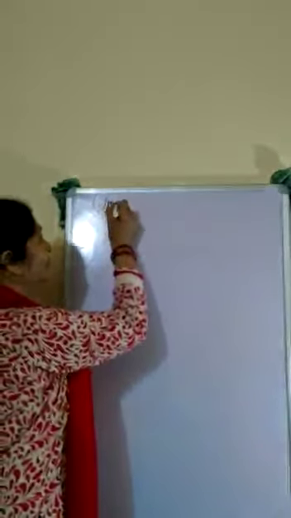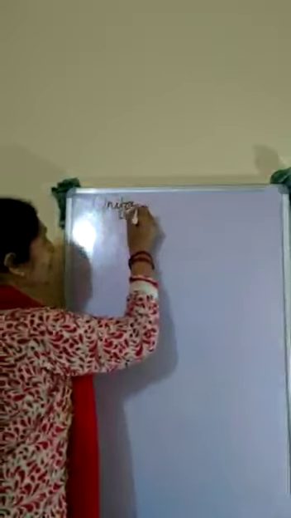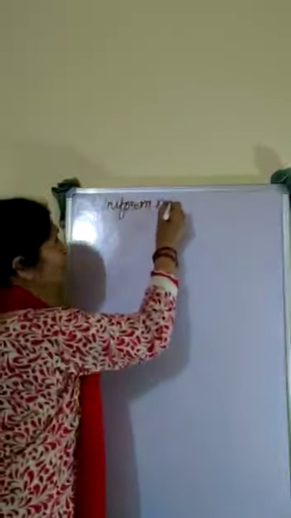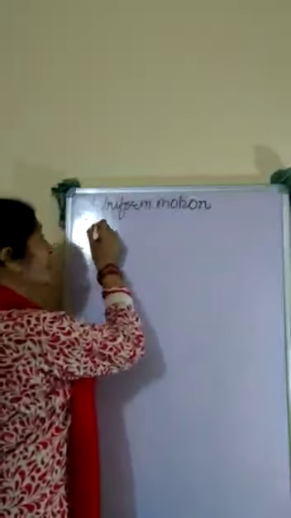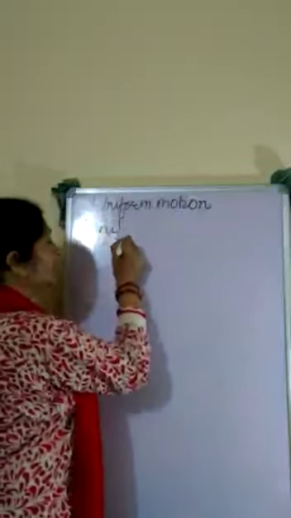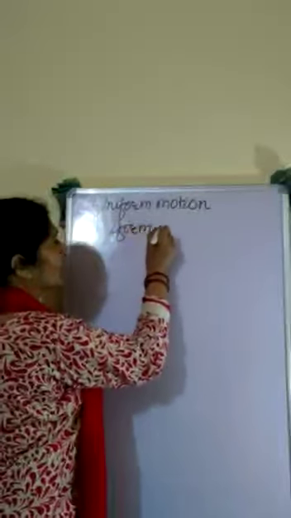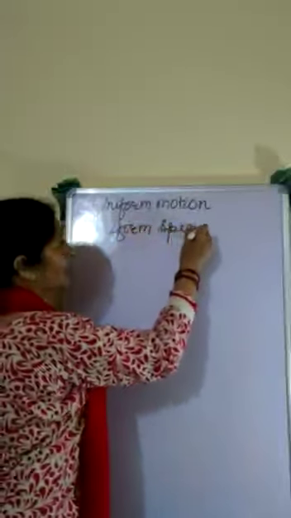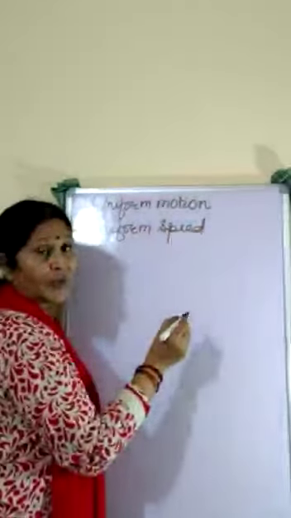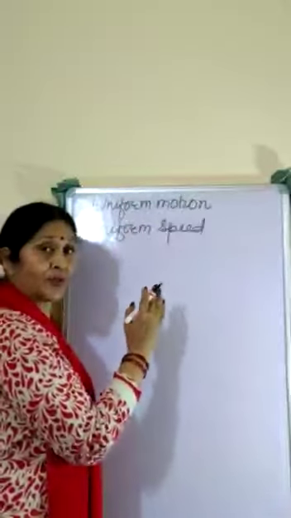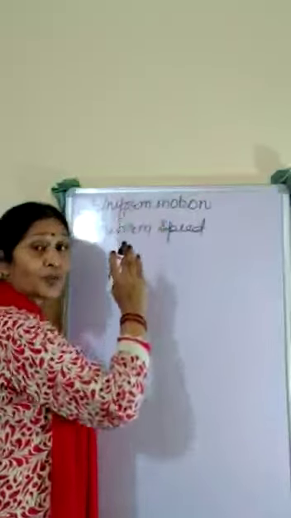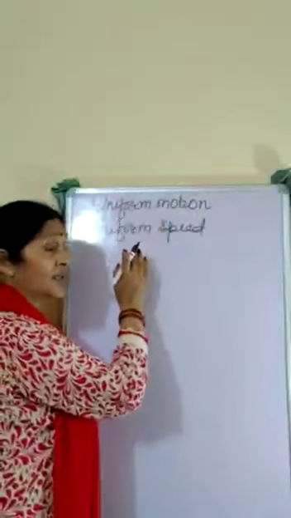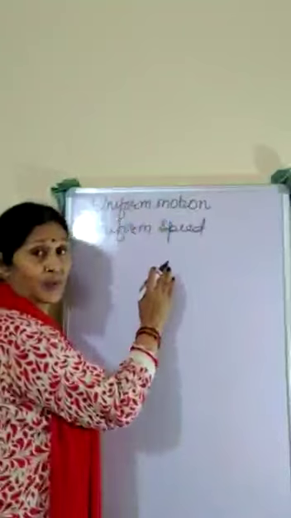Uniform motion. All of you know the definition of uniform motion. Uniform speed and uniform velocity also. Uniform speed and uniform velocity both will come under the case of uniform motion. So we will start from uniform speed.